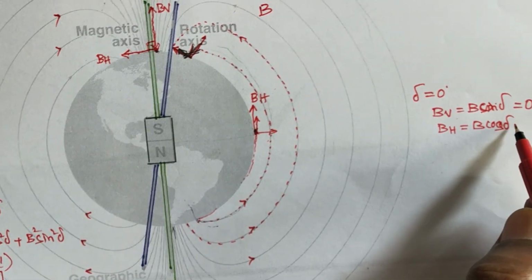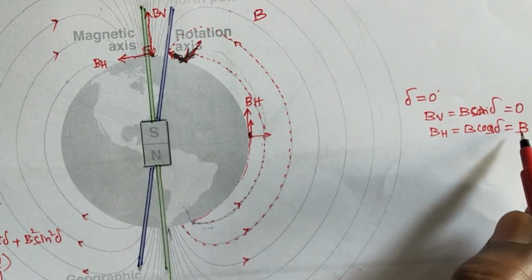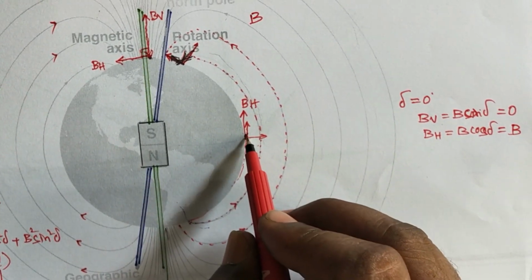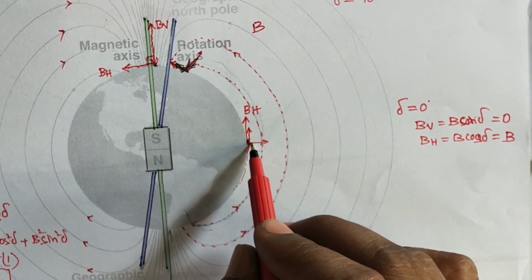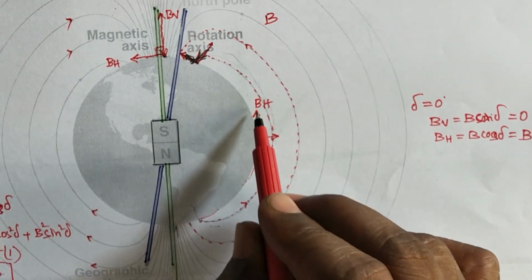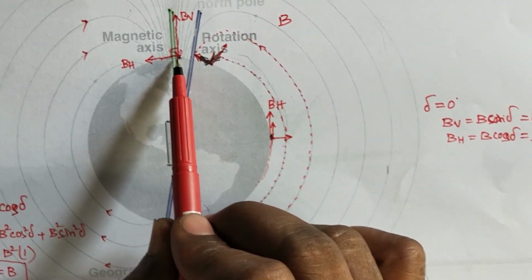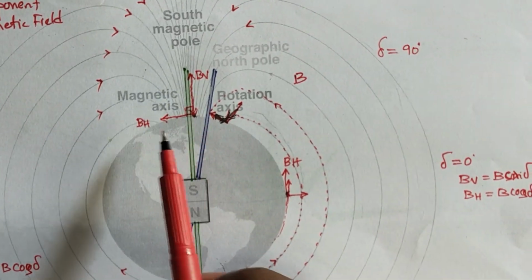Delta being 0, cos 0 is 1. Therefore the horizontal component is B at this place. So at a point on the equator, the vertical component does not exist, only the horizontal component exists. At the poles, the horizontal component does not exist, only the vertical component exists.